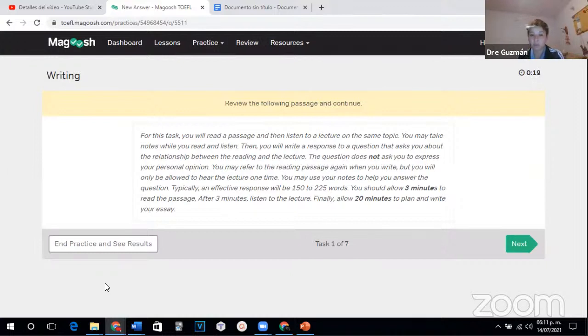You may refer to the reading passage again when you write, but you will only be allowed to hear the lecture one time. You may use your notes to help you answer the question. Typically, an effective response will be 150 to 225 words. You should allow 3 minutes to read the passage. After 3 minutes, listen to the lecture. Finally, allow 20 minutes to plan and write your essay.